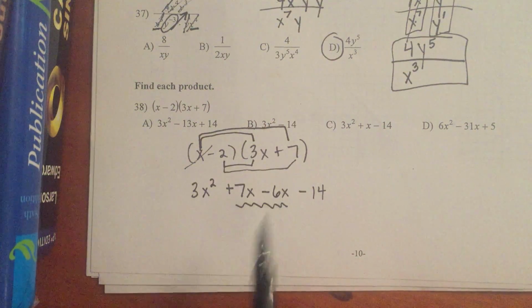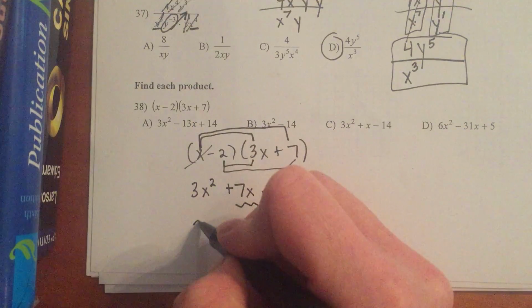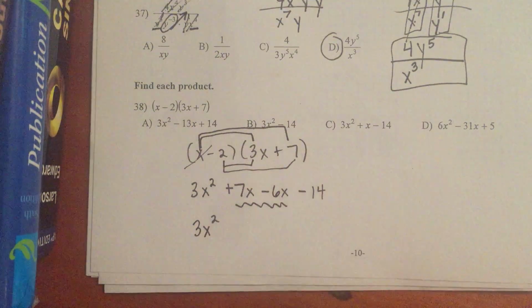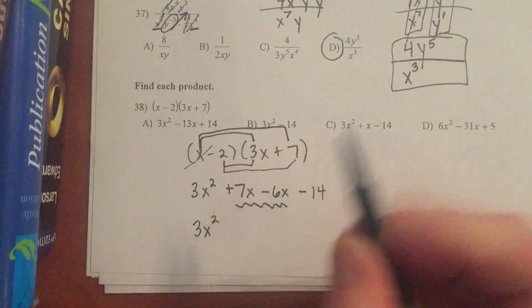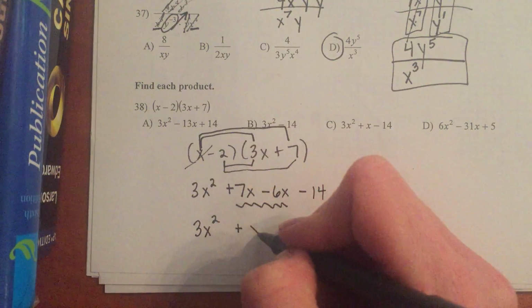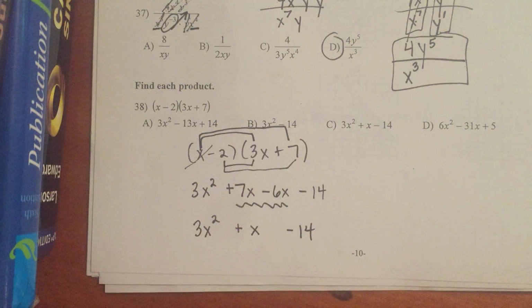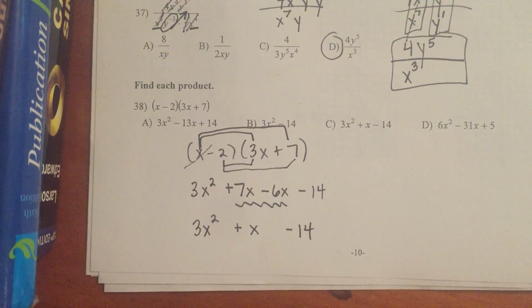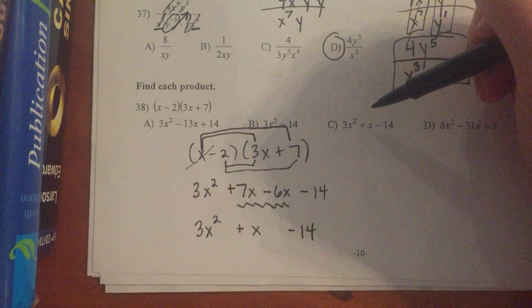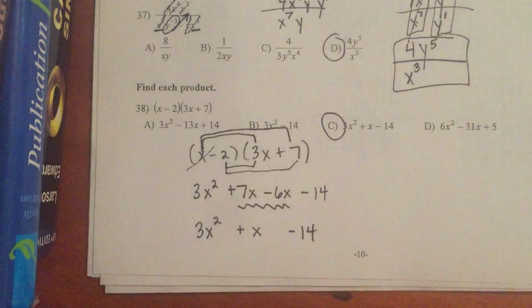I have an x and an x, those are like terms, they have to be combined. So I'm going to write the 3x squared. 7x minus 6x is 1x, or just x, and I'm going to bring down the negative 14 here. If I look at all my options, I can see here I have a 3x squared plus x minus 14, just like what we just got.